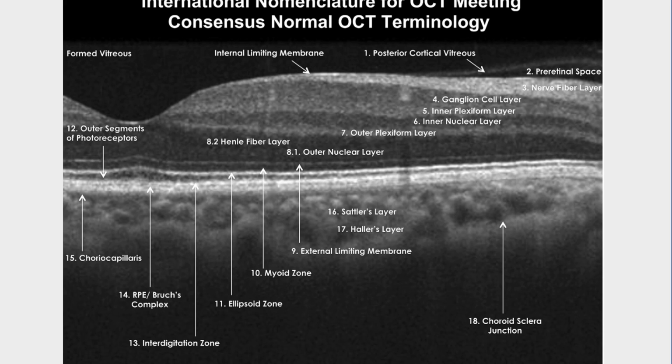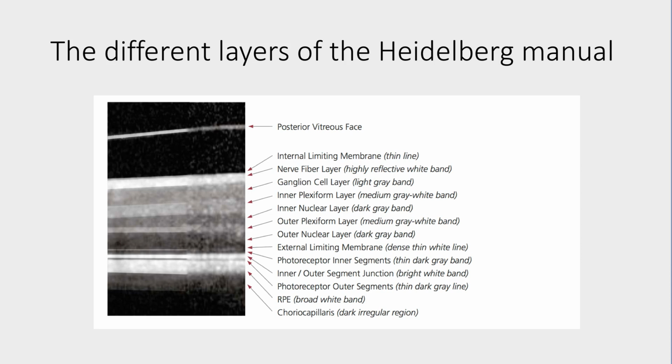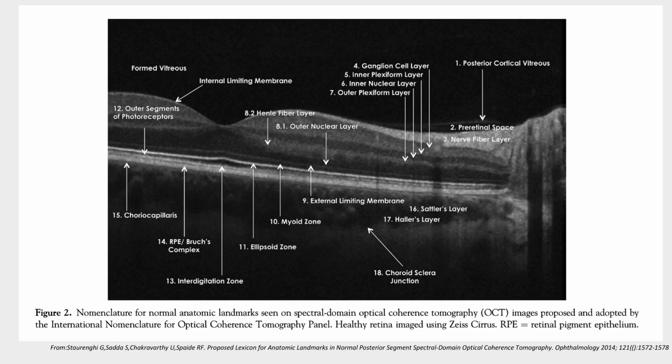In 2014, a large number of experts met and defined the exact nomenclature of each layer. This is a representation of the Heidelberg device. Here are the different layers of the Heidelberg manual. Here are the different layers with the other device.